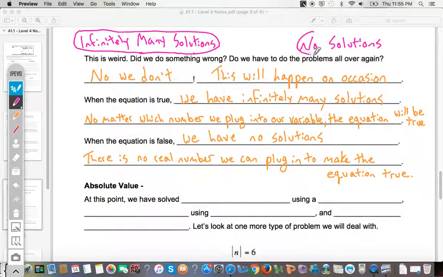So does our process change to try to solve for our variable? No, not at all. It all just depends on our outcome.